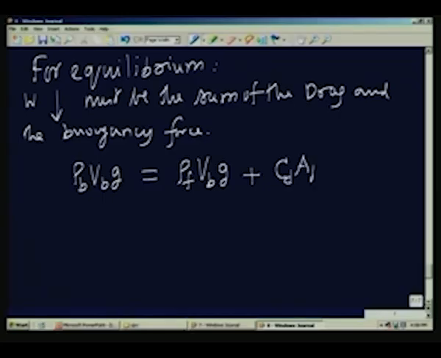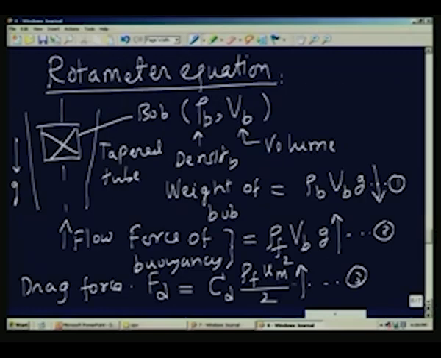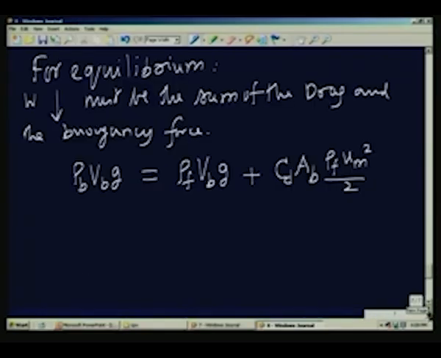I think I left out this AB, I will just go back to that and explain to you. Rho F UM squared by 2, let me go back and make that correction. This is proportional to CD multiplied by the area which is intercepted by the flow, that will be the frontal area of the bob material. So AB is the frontal area of the bob. So this is the equation, and I can solve for UM.